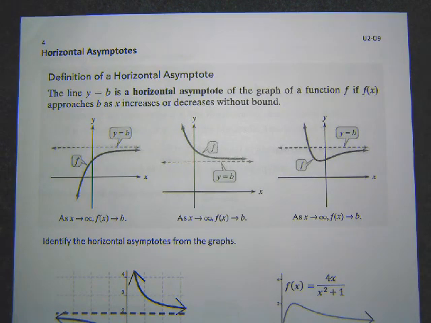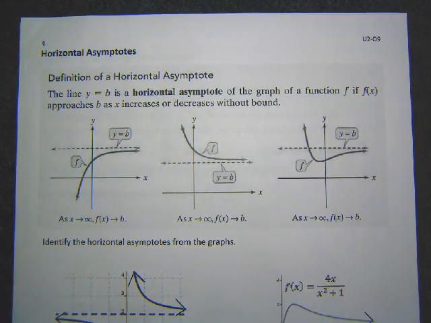With rational expressions, they don't always go off to infinity. Sometimes they level out. They'll get close to a certain value and then they'll never get any higher than that value. They'll get closer and closer to it, but they'll never quite reach it. That can happen with rational expressions, and that's what we call a horizontal asymptote. It's a horizontal line that at the ends of the graph is getting closer and closer to that value, but not quite touching it.